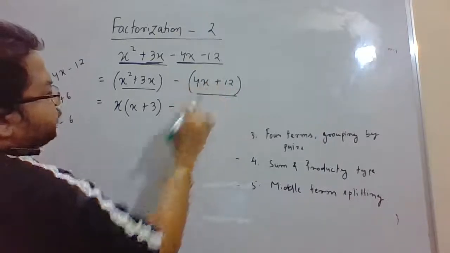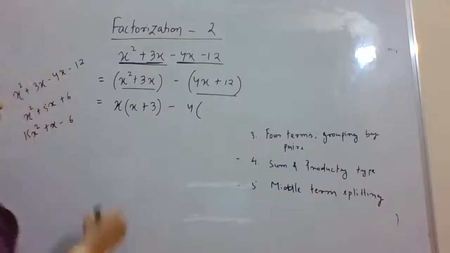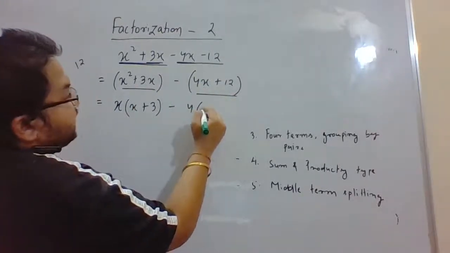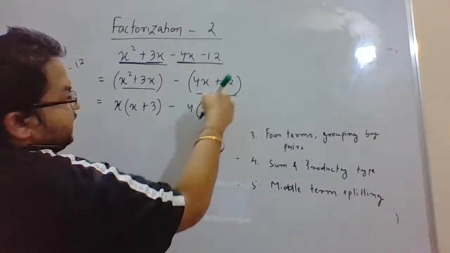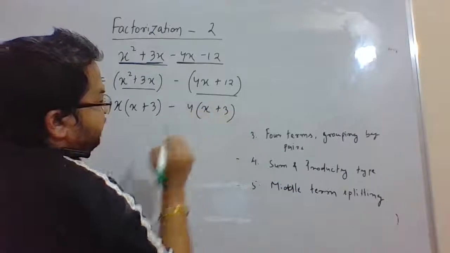Between these two terms, I can take 4 as a common factor. So what would be the remainder? 4x by 4 is obviously x, and 12 by 4 is nothing but 3.